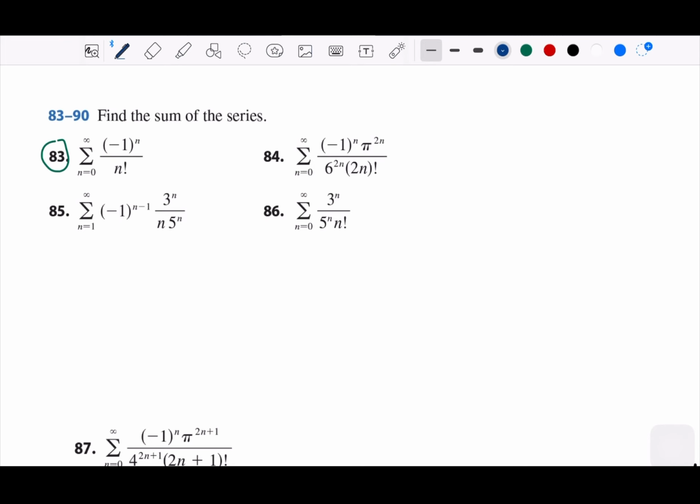In e to the x is this x, right? So which means that we change the x with negative 1. So e with power negative 1, or 1 over e. So we take that.